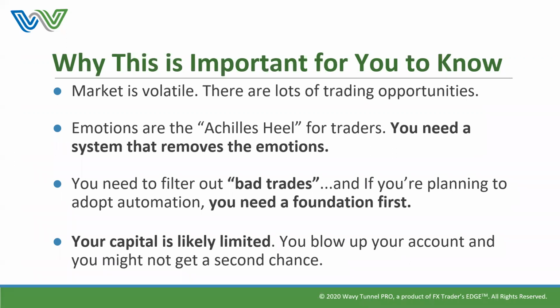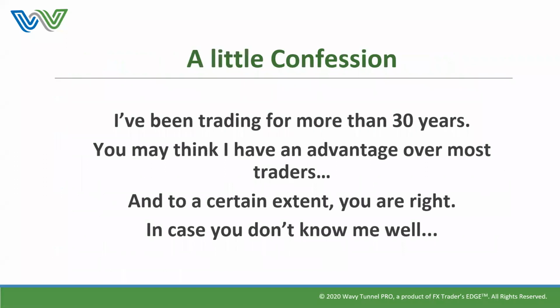Learn how to hold them longer. Not be afraid to trigger your trade. There are just so many different emotions that we as traders experience. You need to filter out bad trades. And if you're planning to adopt automation, you need a foundation first. Also, your capital is likely limited, so if you blow up your account, you might not get a second chance.